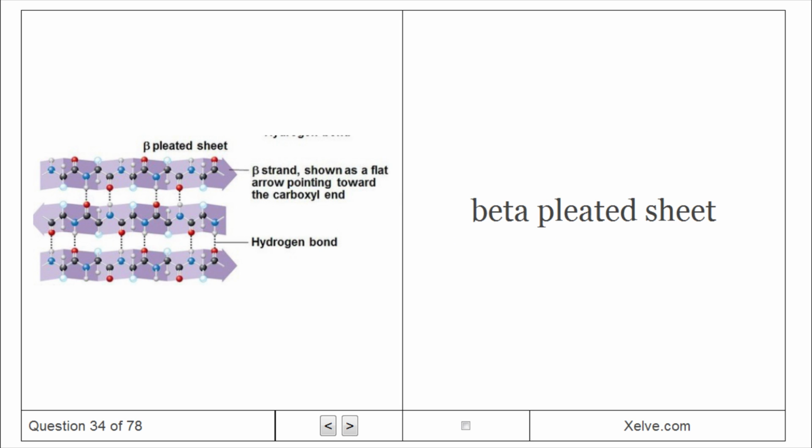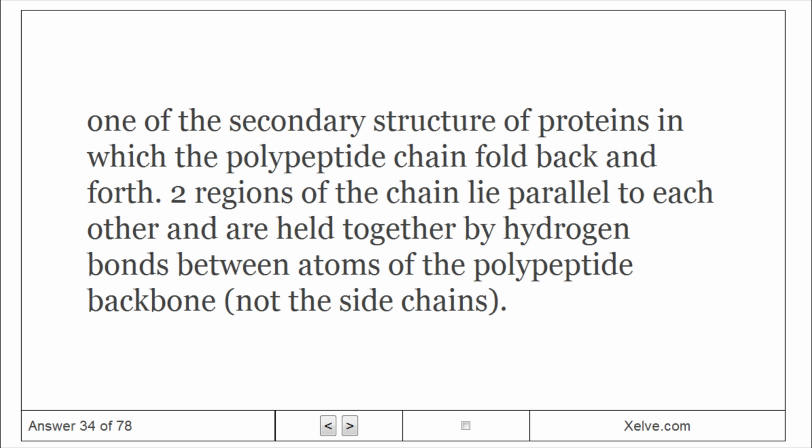Beta pleated sheet. One of the secondary structures of proteins in which the polypeptide chain folds back and forth. Two regions of the chain lie parallel to each other and are held together by hydrogen bonds between atoms of the polypeptide backbone, not the side chains.